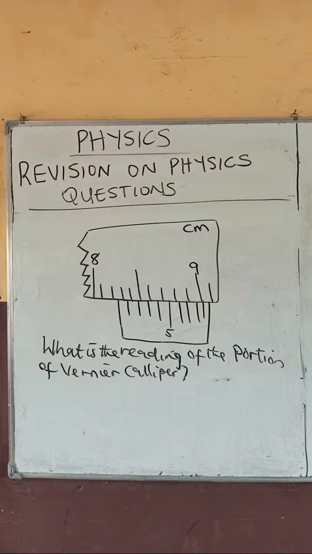All right. Blessing got 8.29 centimeter. Faiza got 8.29 centimeter. Okay, remember you made a mistake.